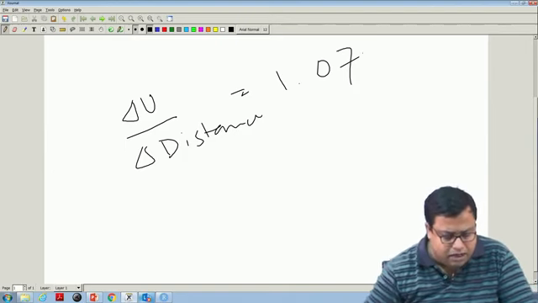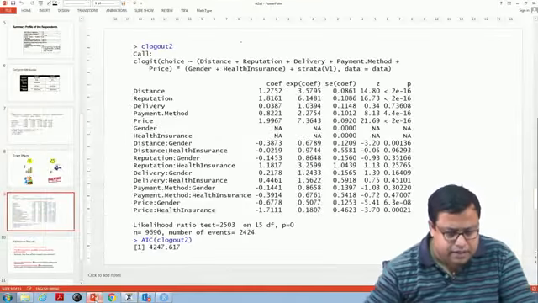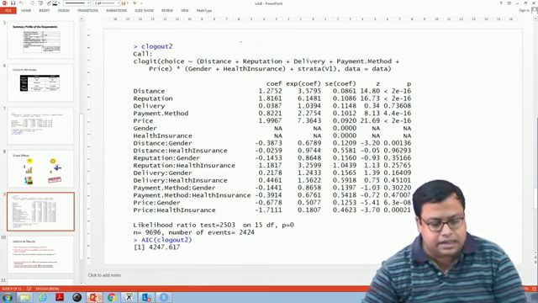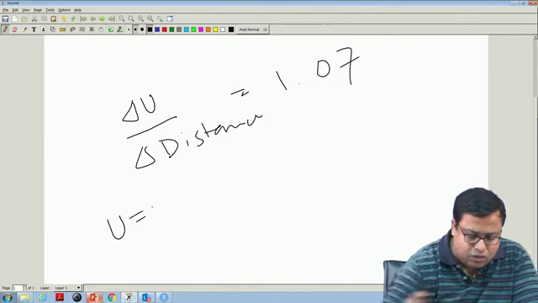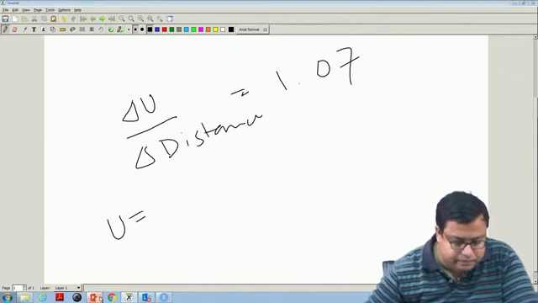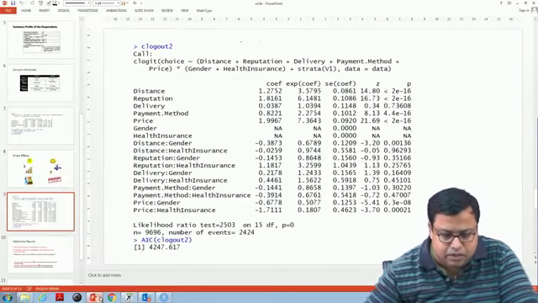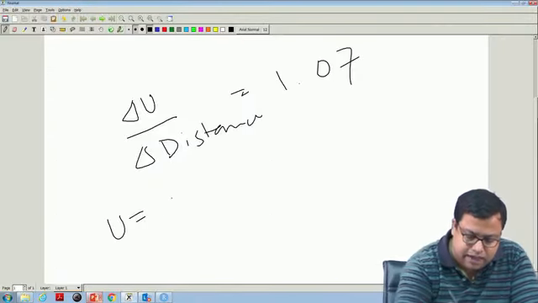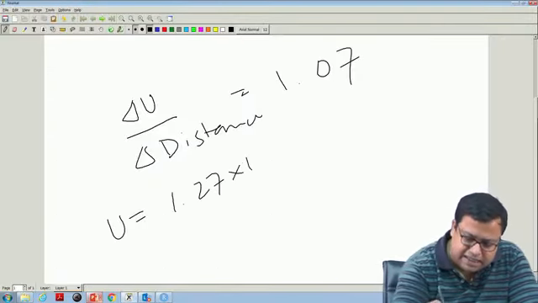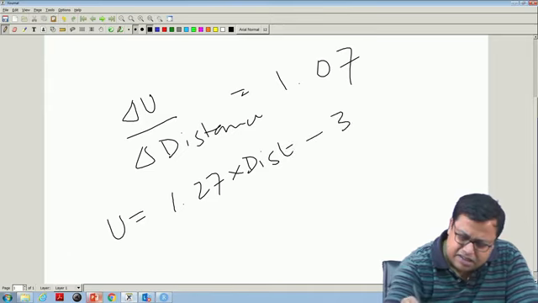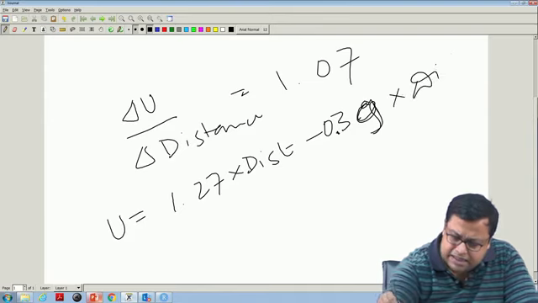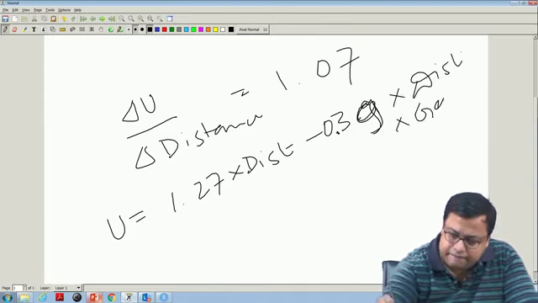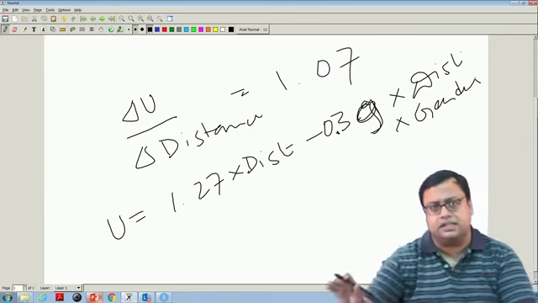Now, in the second model, if you see carefully, utility is equal to 1.27 into distance minus 0.39 into distance into gender, keeping other things constant.